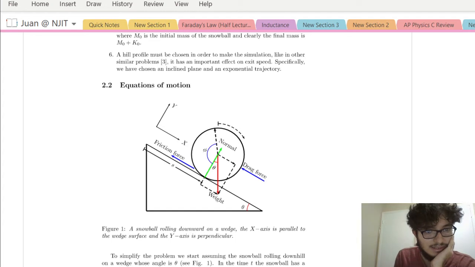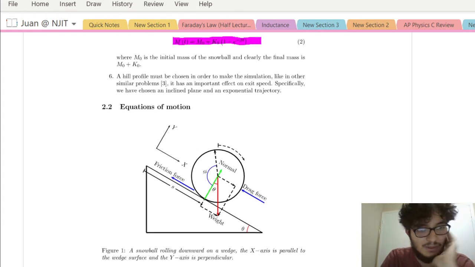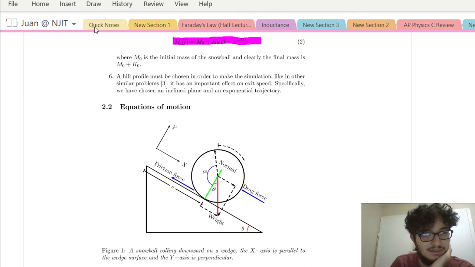So okay, here is a free body diagram. We have the force of gravity in red, the normal force in green, and over here is drag and the friction is over here. This is an angle of theta. What's the normal to what? Oh, this is the normal force, but then they extend this a little bit, and they call this angle phi.